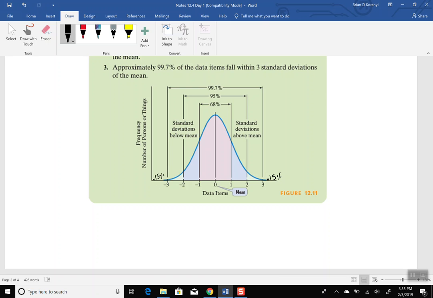So 0.15 and 0.15 gets you 0.3. There's 100% of your data. But within 3 deviations, 99.7% of your data falls within that range.